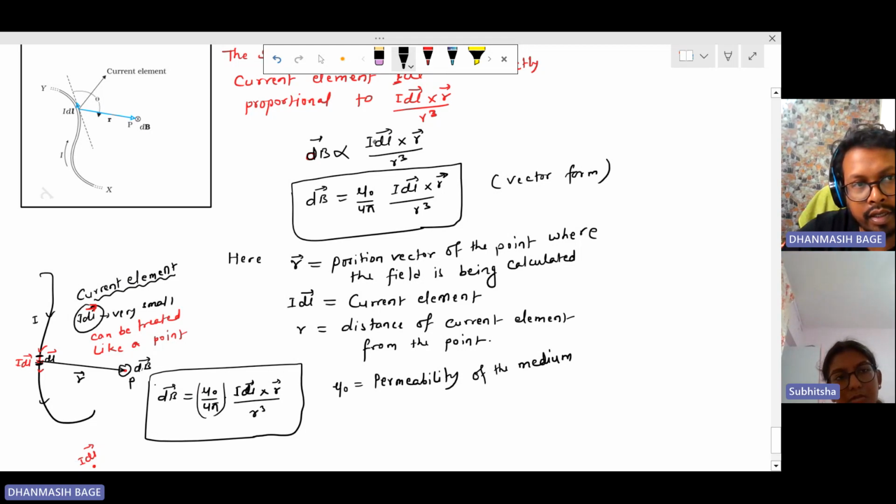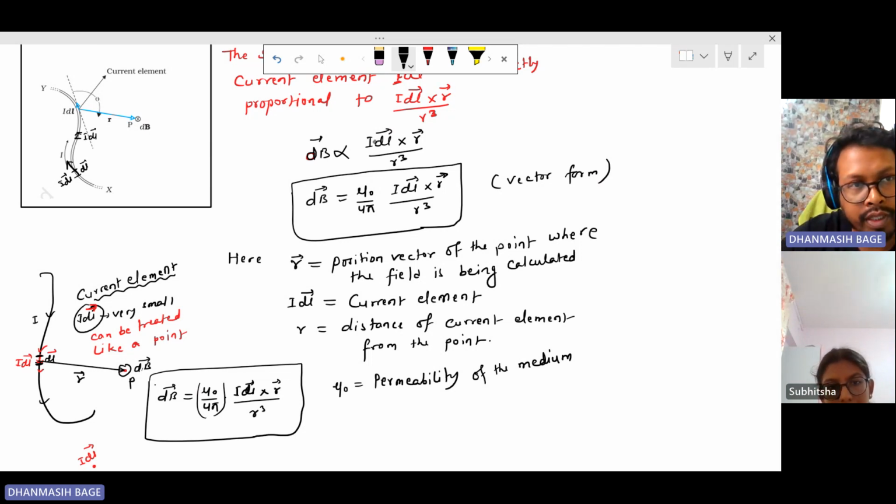Simply cut out a small piece, and in the direction of the current, take the vector. That is your I dl vector. If you cut out a piece here, suppose the dl vector is here, this is the direction of the I dl vector. Yes, sir. It is tangent to the current carrying conductor. That is the I dl vector, right?